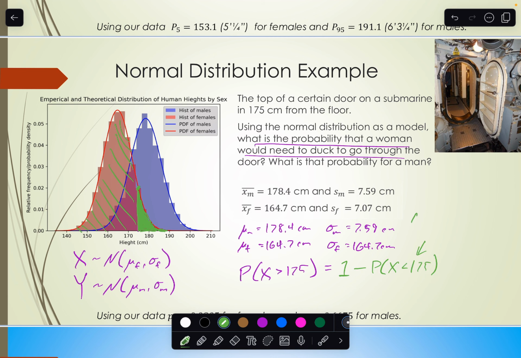This value can be computed in Excel using NORM.DIST of 175, that's my x, and then I plug in mu for the females, sigma for the females, and then my cumulative entry is going to be 1 because I want the total area from the left.